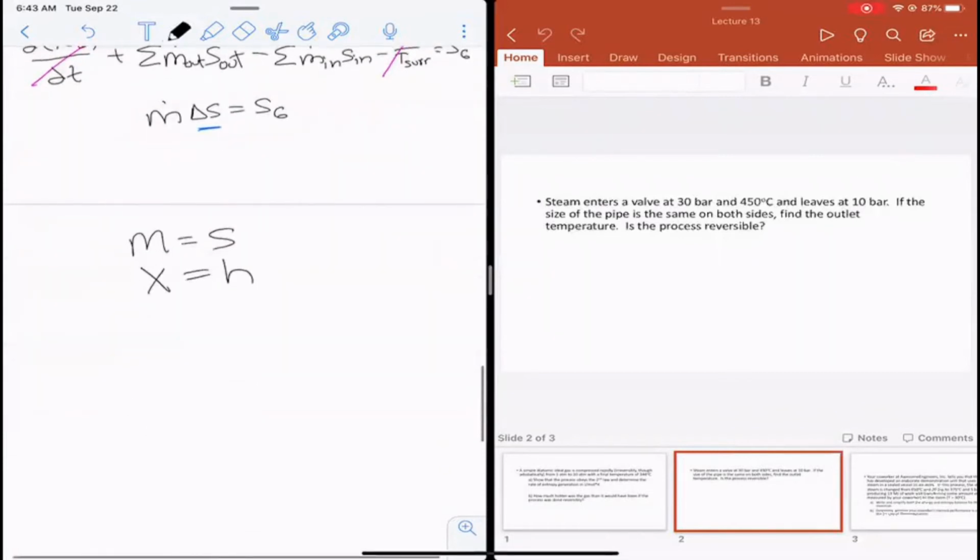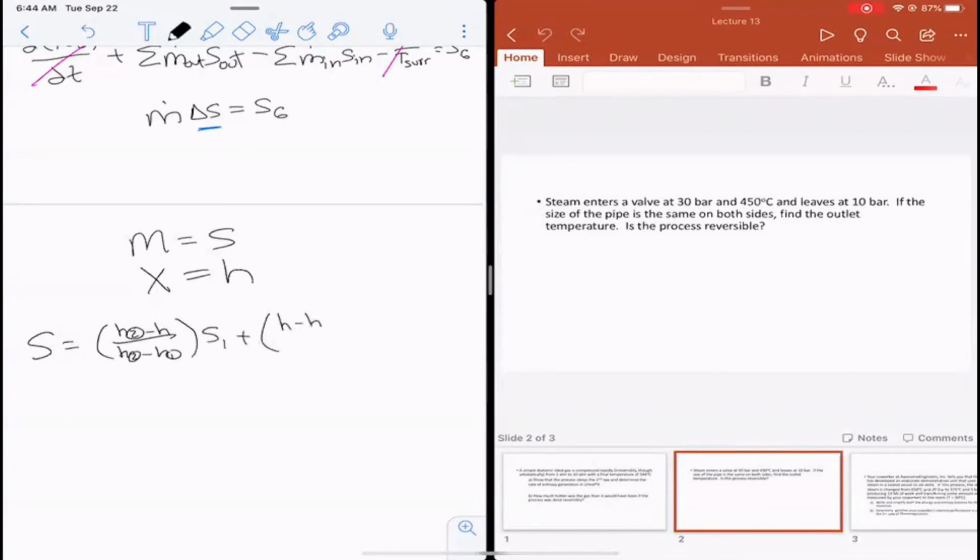So just like before, the entropy is equal to almost the same formula, where this is H2 minus H divided by H2 minus H1, now times S1, plus H minus H1 divided by H2 minus H1 times S2.